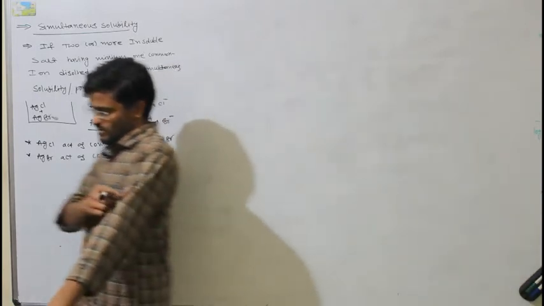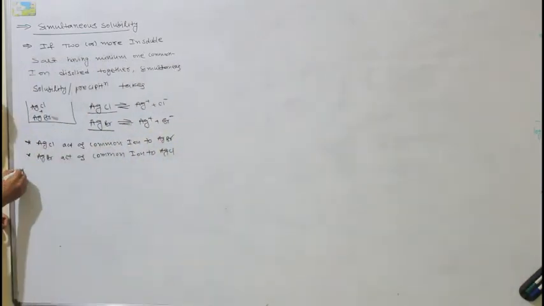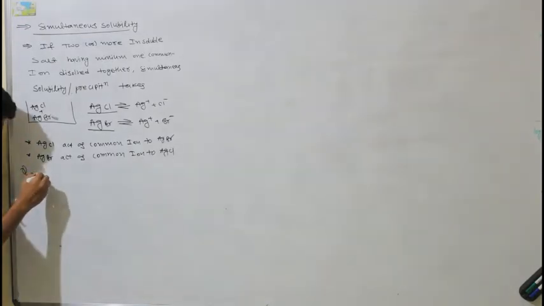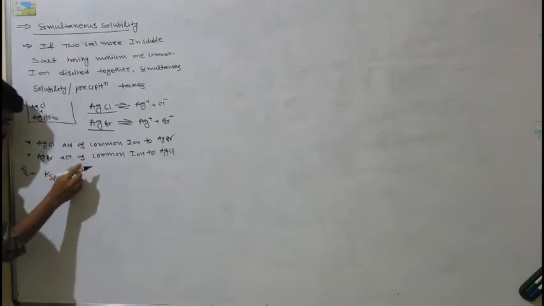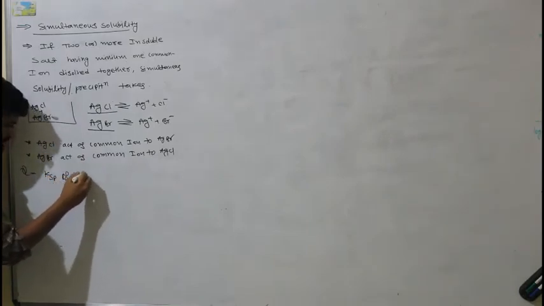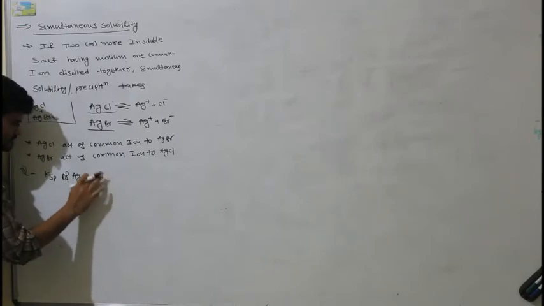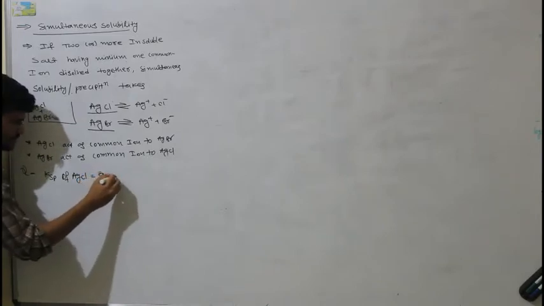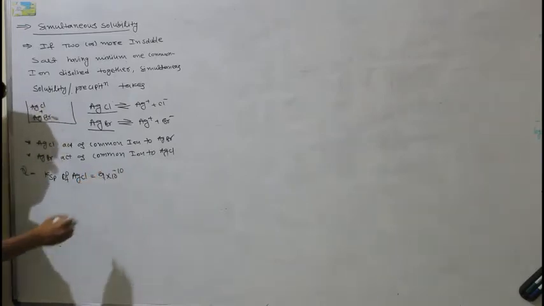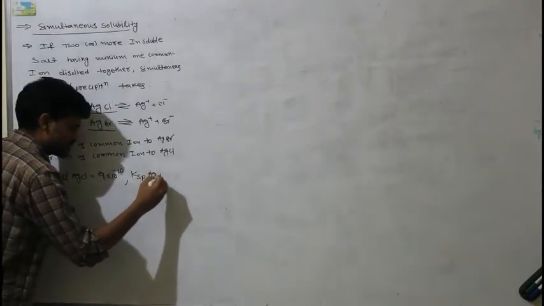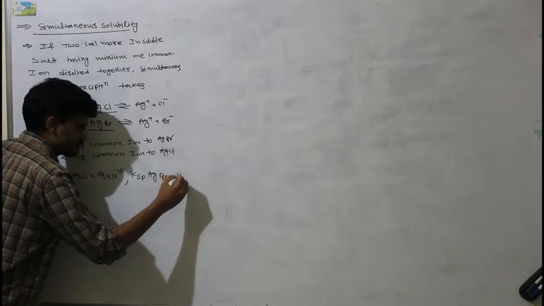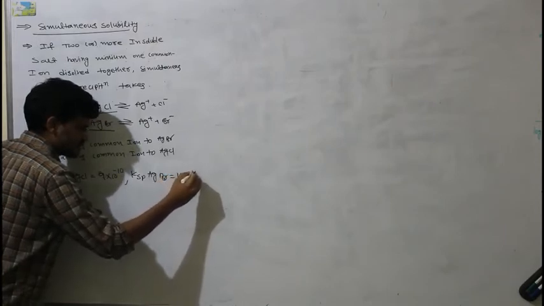Take one question. With one question you will understand. Ksp of AgCl is 9 into 10 power minus 10 and Ksp of AgBr is 16 into 10 power minus 10.